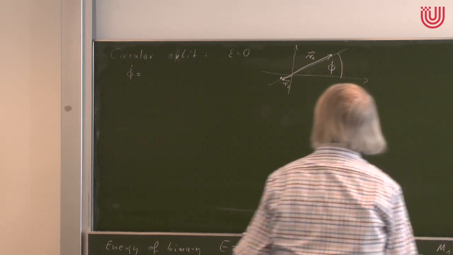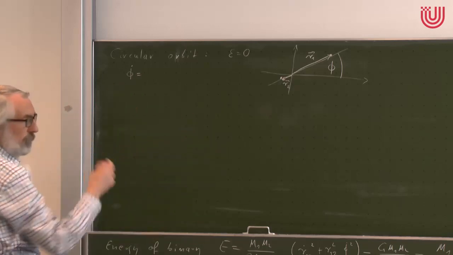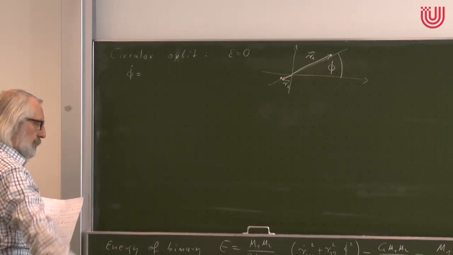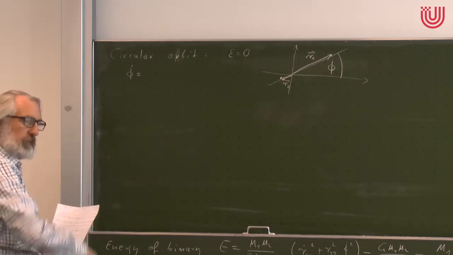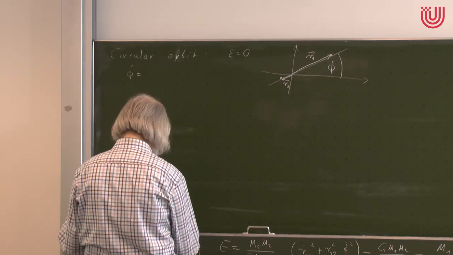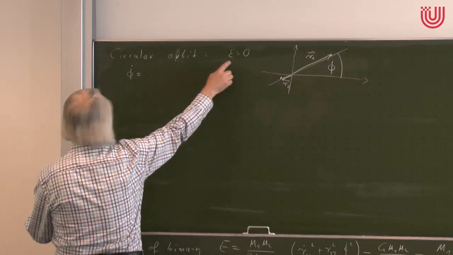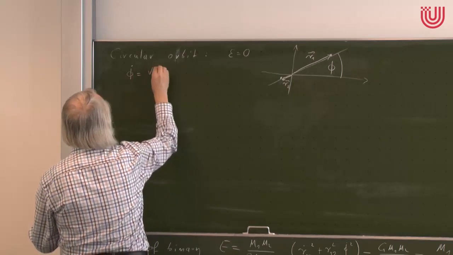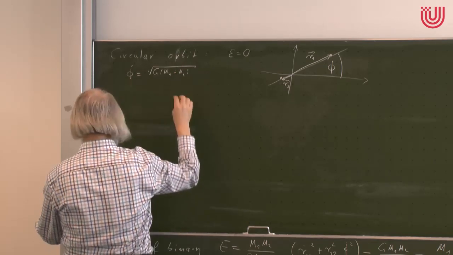So this means that if I have a circular orbit, well, you know this, then the motion is harmonic, with a constant frequency. This is a special case of Kepler's second law, of course. Where was phi dot here? Here. If I specify this to the case epsilon equals 0, I have just root G m1 m2.